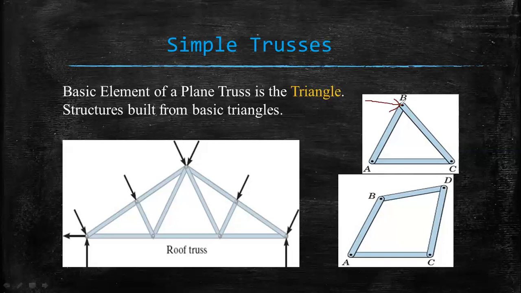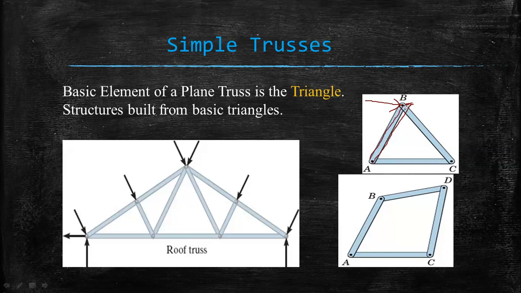This cannot deform in this direction. Can it deform? Because in order to deform in this direction, what the structure will undergo is, if this particular joint comes to this position, then the length of the member will increase. The length of this member will increase.